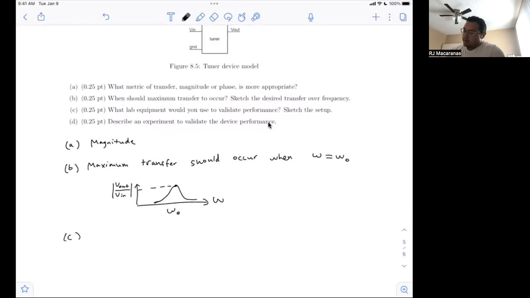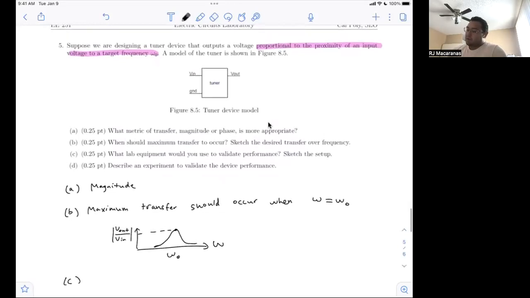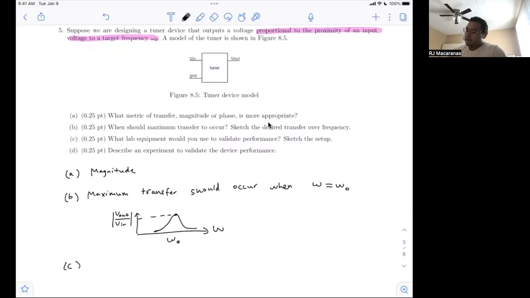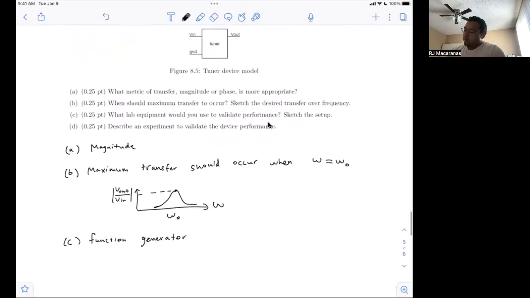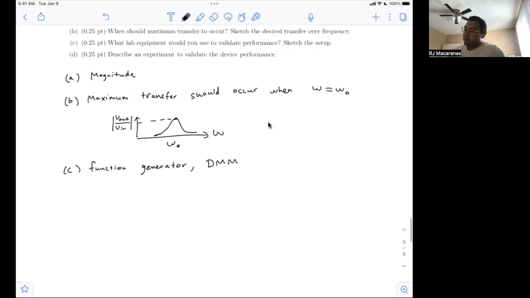So the next part says what lab equipment would we use? We're inputting some kind of sinusoid, or anything with a frequency really. And to do so, we would use a function generator, since a DC power supply can't really give us any kind of frequency. And it says to sketch the setup. So we'd also probably want a multimeter, a DMM, digital multimeter, just to measure that output value.